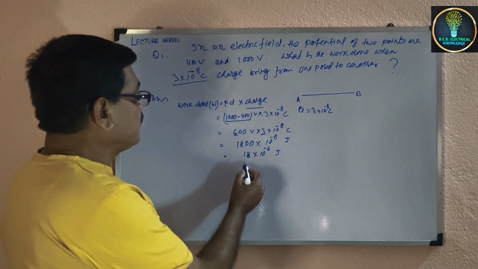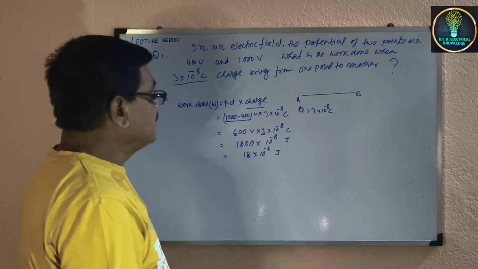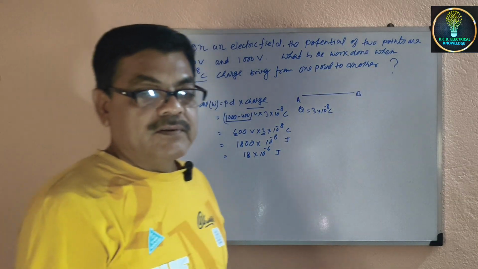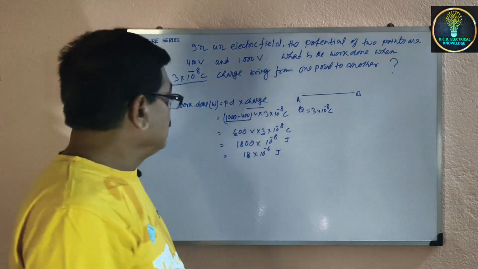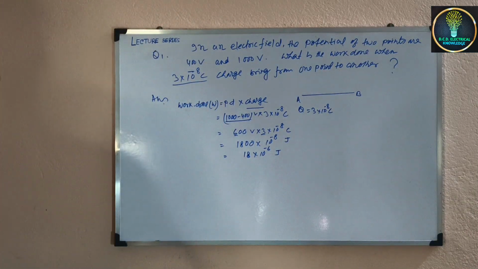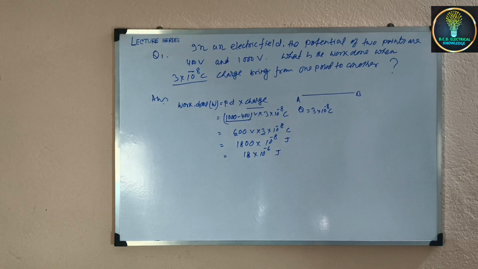So the work done becomes 18 into 10 to the power minus 7 joule. Question number 2.